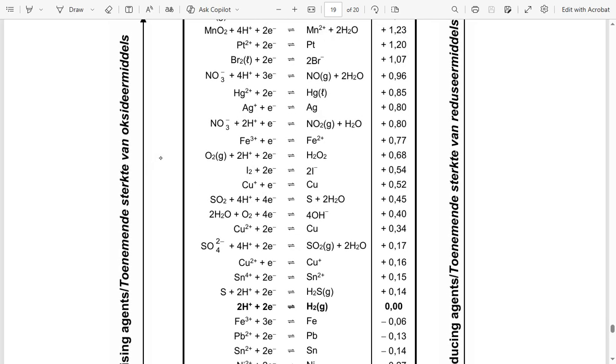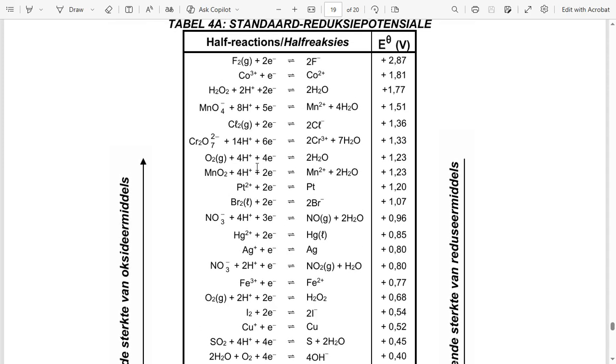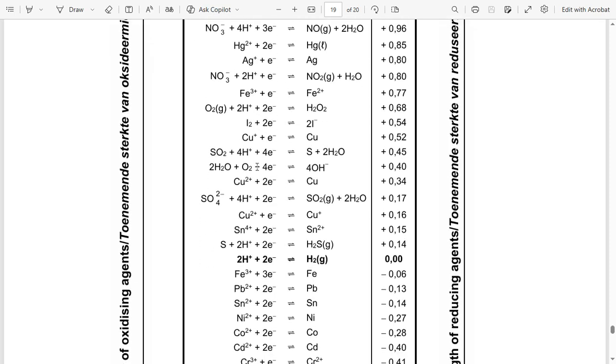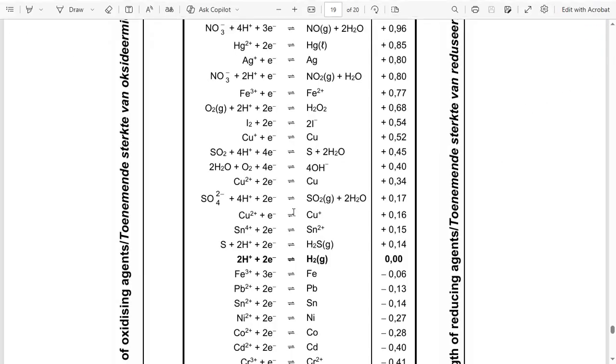Okay, so I'm looking for the hydrogen, the H2. I can't see the H2, guys, and I know that you can see it on your side. Oh, there it is. Look at this. So this is the H2. I just want to write this down. So this is the H2.